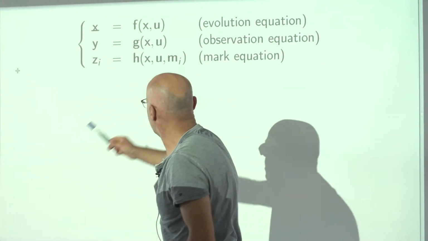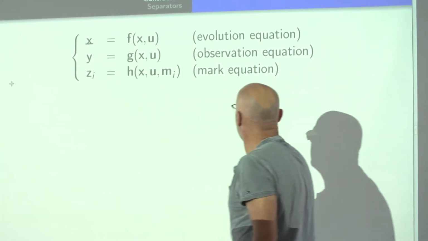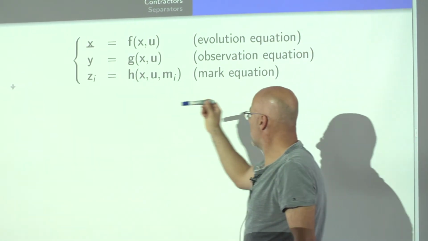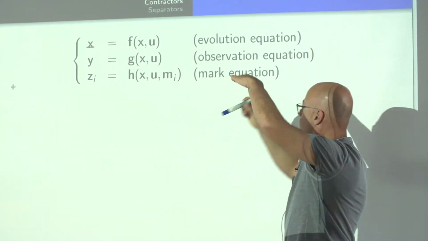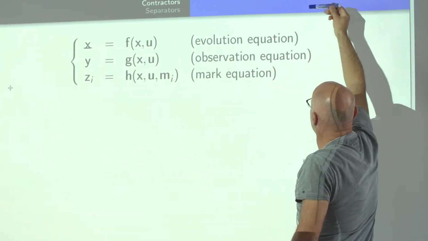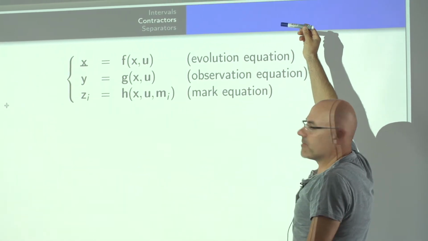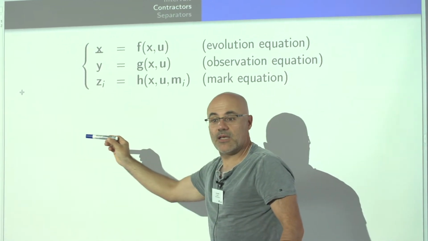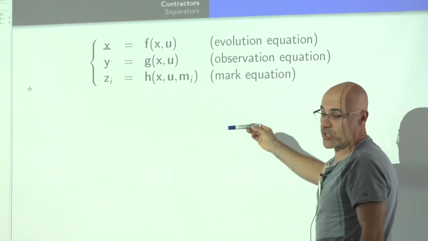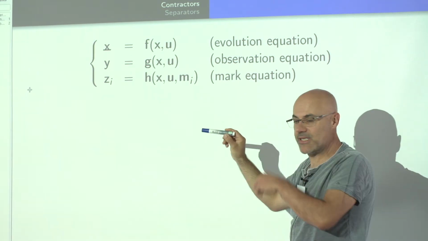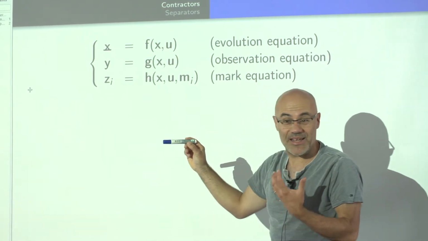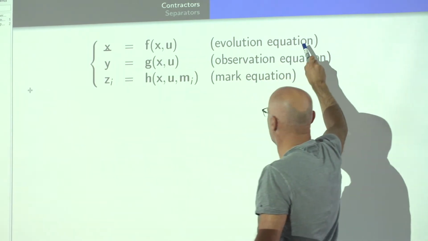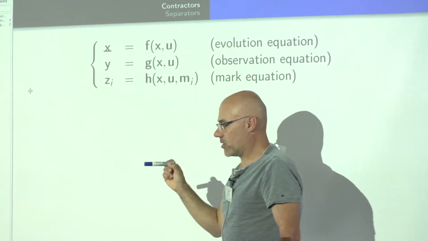Here it's x dot. I have a robot. The robot is a submarine which moves under the water. At the beginning, it is at the surface of the water here, and it has a GPS. As soon as it goes below the water, it has no GPS. So it has an approximation of its position using the evolution equation, the state equation.